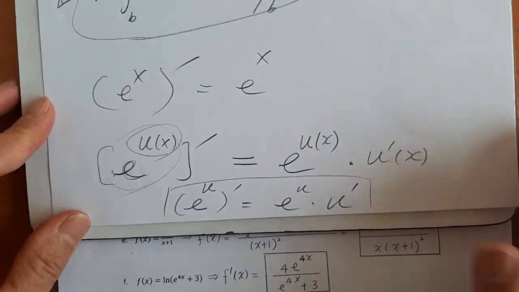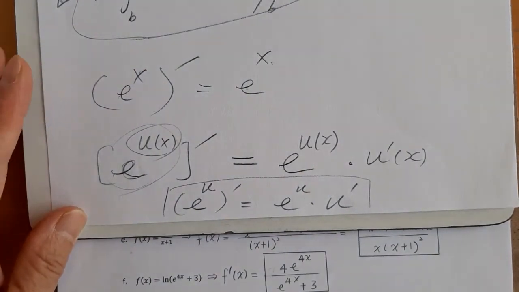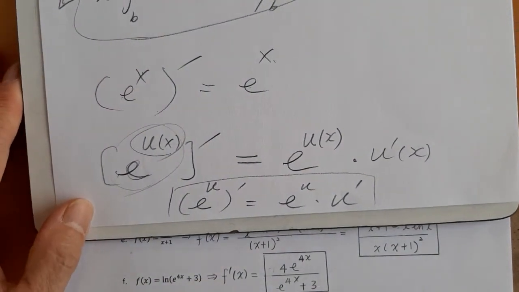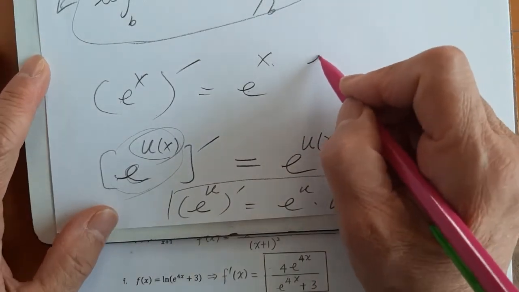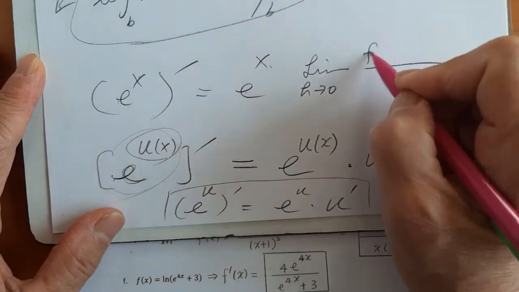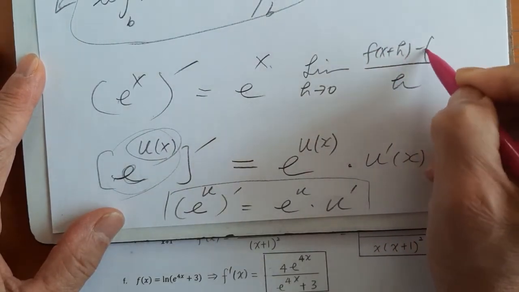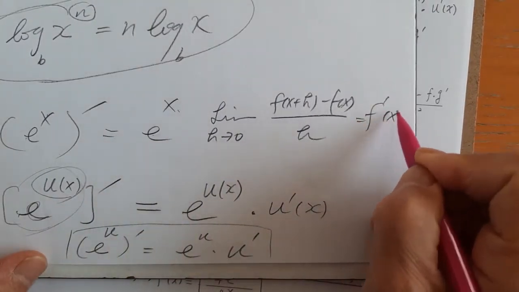That's e. E to the power x is still e to the power x. And why? You can use the definition of first derivative to prove. Remember, the definition of first derivative is limit h approaches 0, f of x plus h minus f of x over h. That is the f prime of x definition.